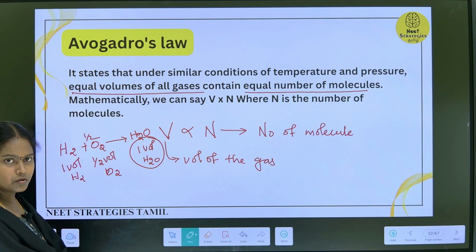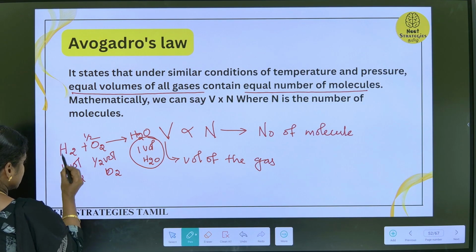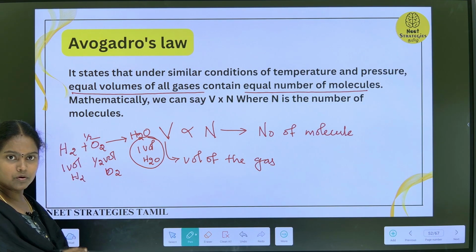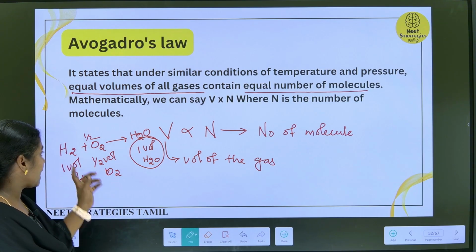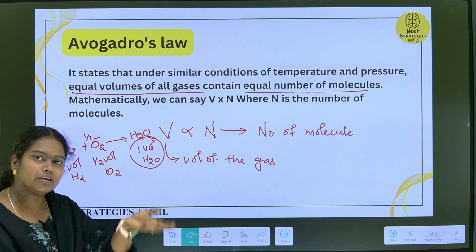Instead of 1, if I give n, it will increase; n may be 1, 2, 3, 4, whatever the number may be.